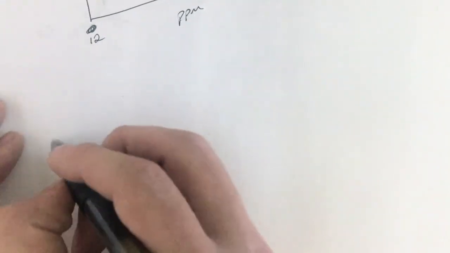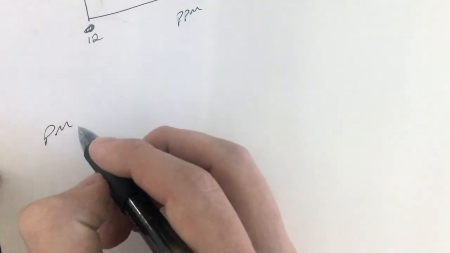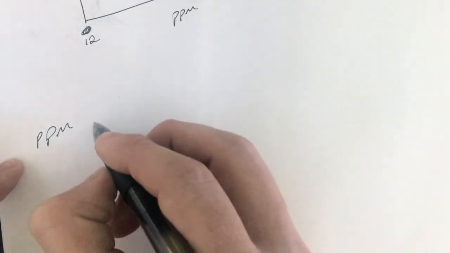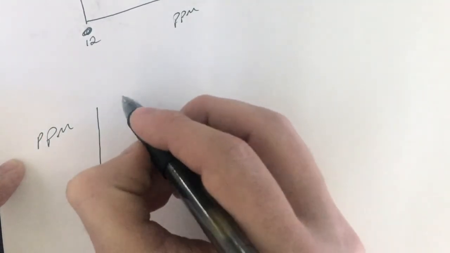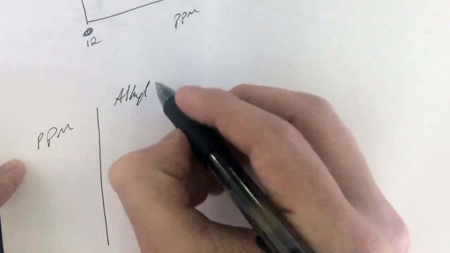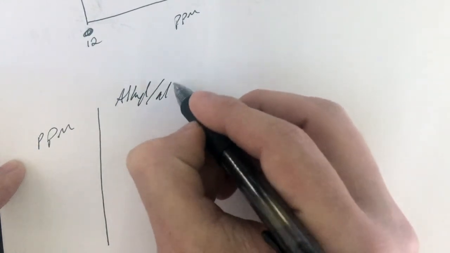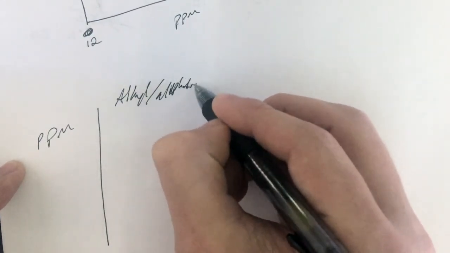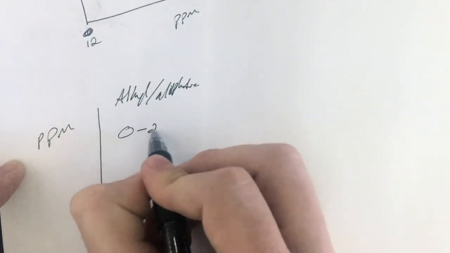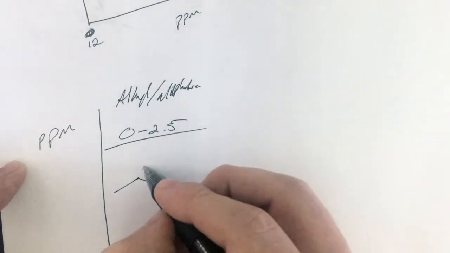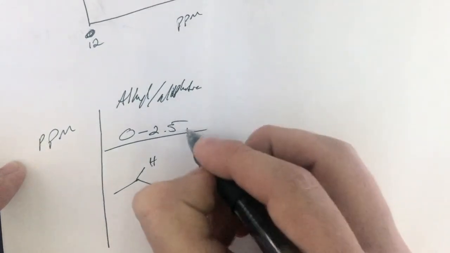You have these alkyl groups or aliphatic groups, and they're going to occur in this range.